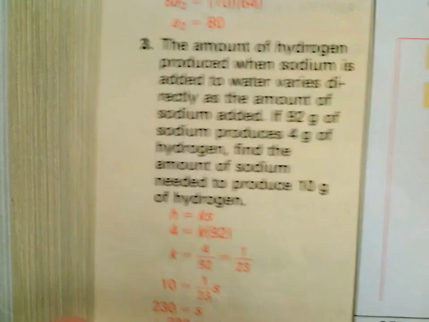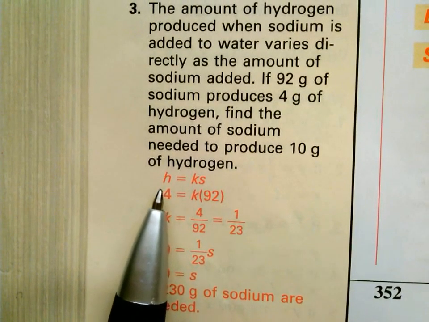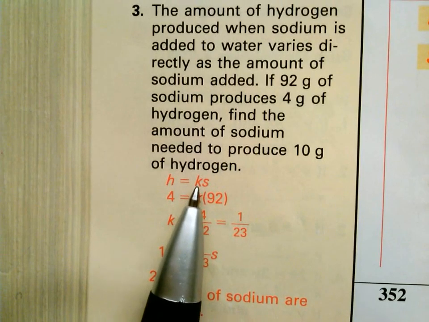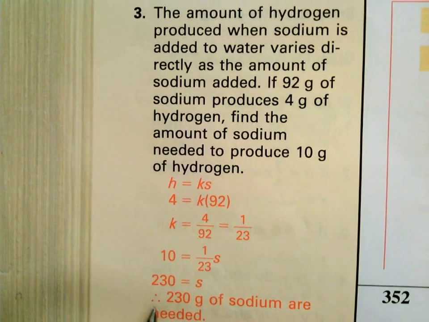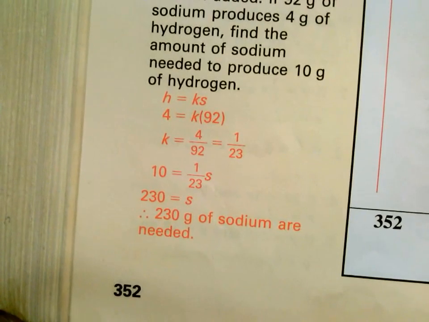So, the way they show it is the amount of hydrogen is related to a constant times sodium, and they solved it that way. I prefer using the proportion. Okay, that's how they solved it.